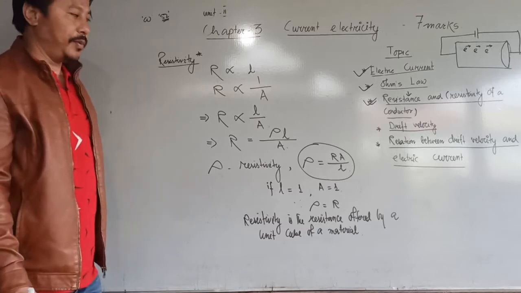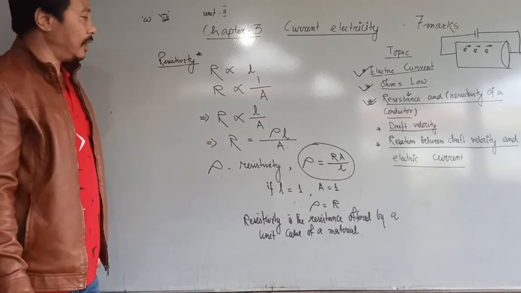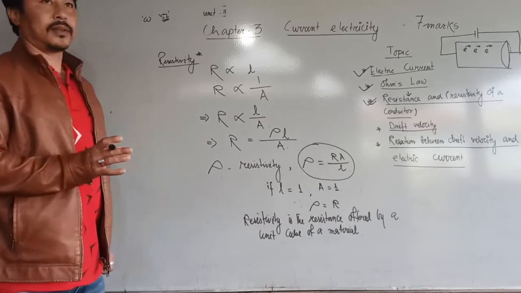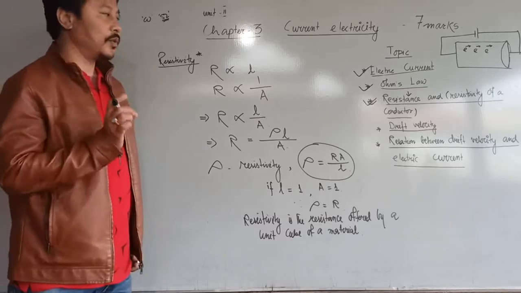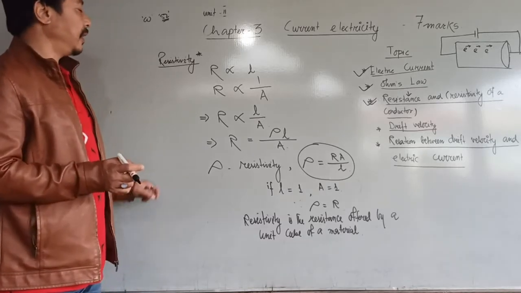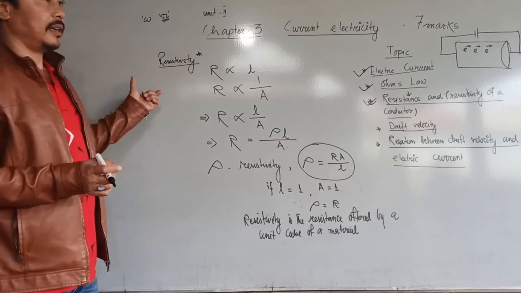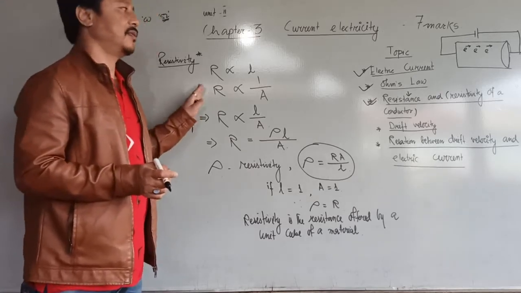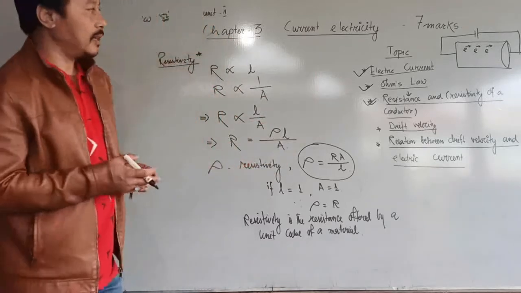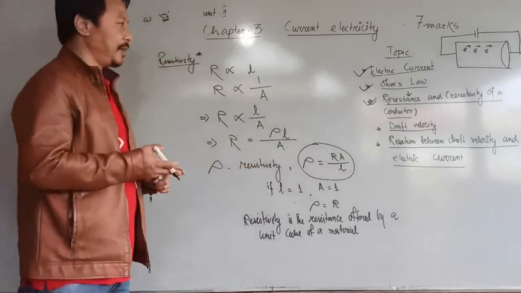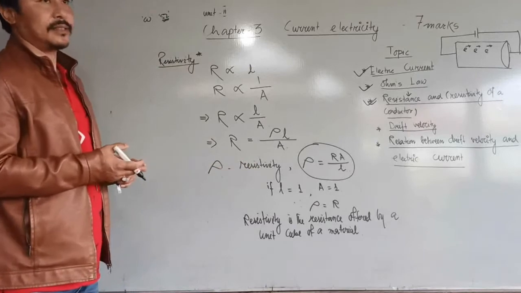Resistivity does not depend on the dimension of the conductor, whereas resistance depends on the conductor dimension. So that is the basic difference.